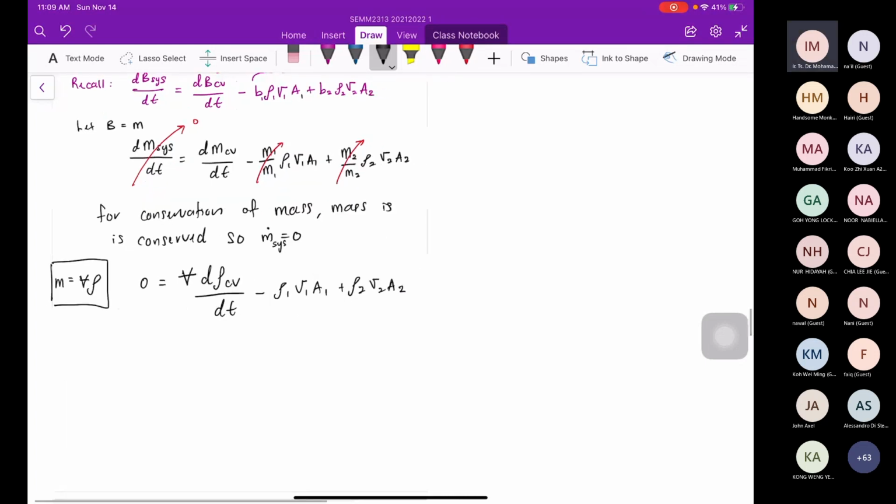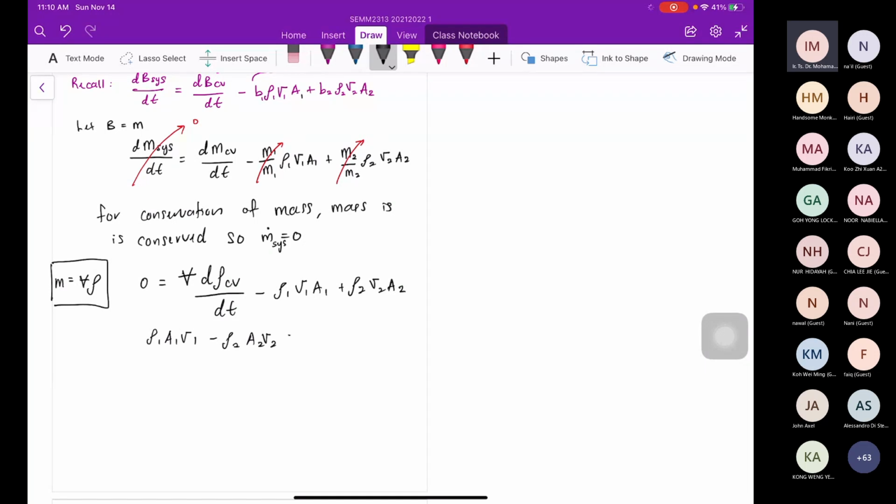Now I rearrange the equation: rho 1 V1 A1 minus rho 2 V2 A2. I can put it this way, it is better, with A first because of alphabets: A1, A2, sorry.